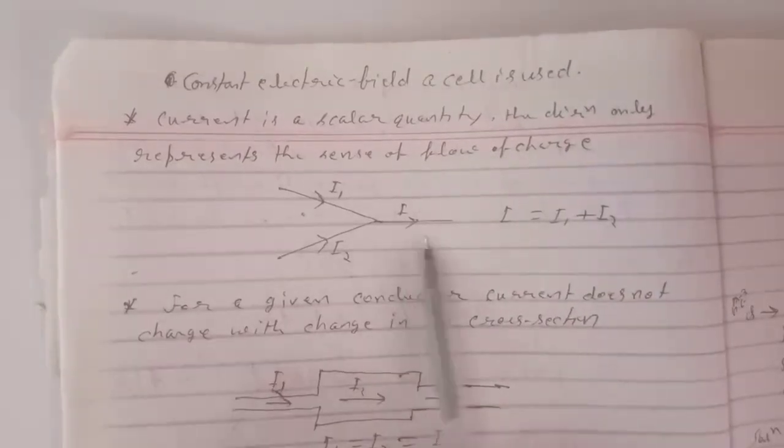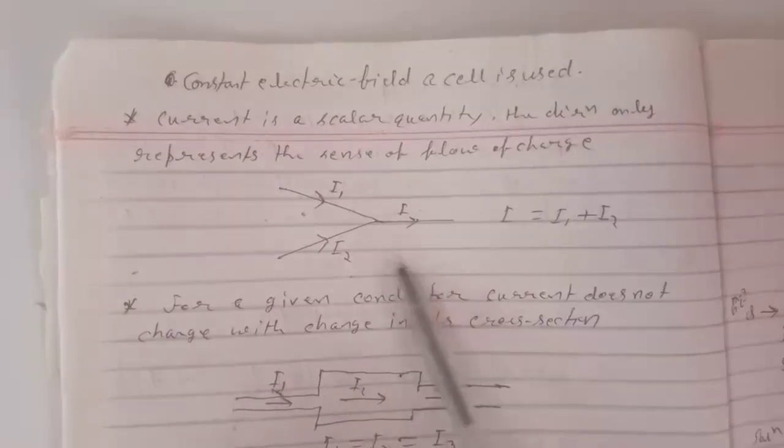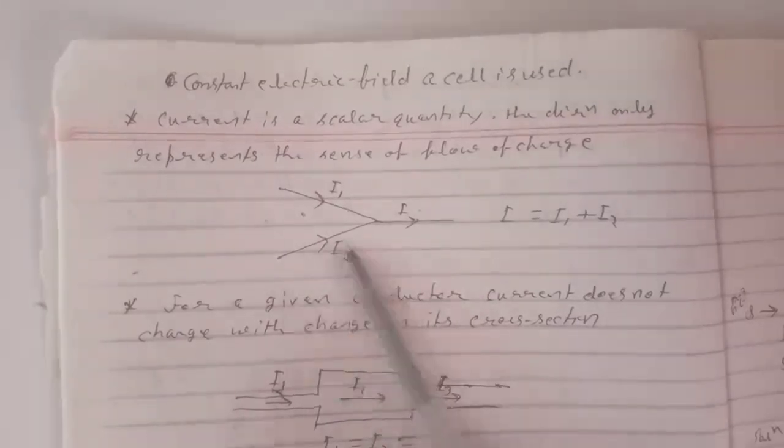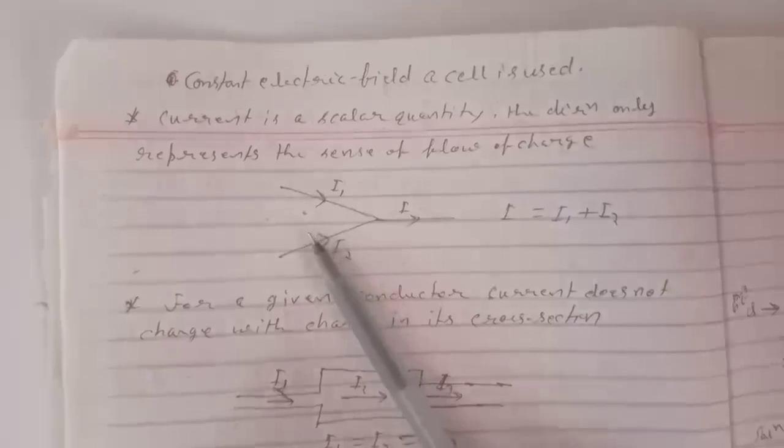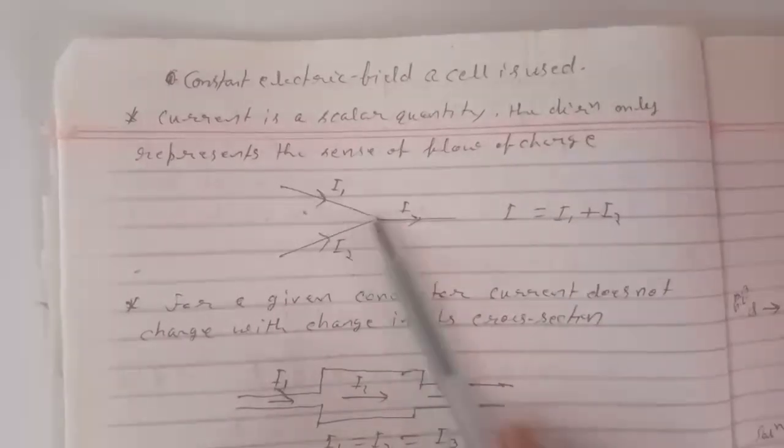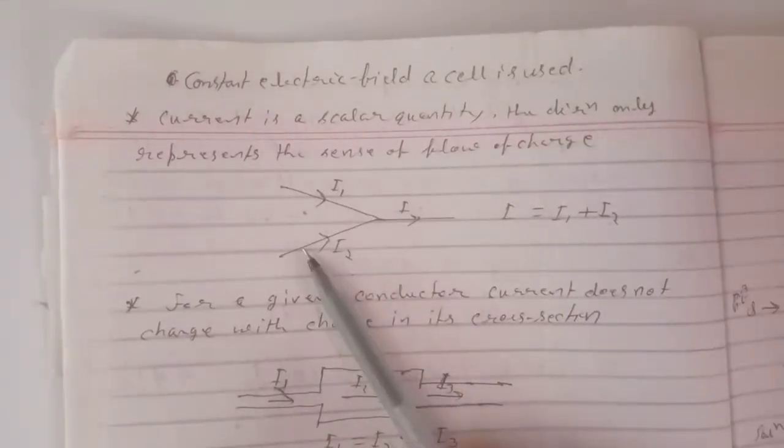We will not apply vector addition, and this direction only shows the flow of charge. Current is not a vector, because it does not follow the vector law of addition.